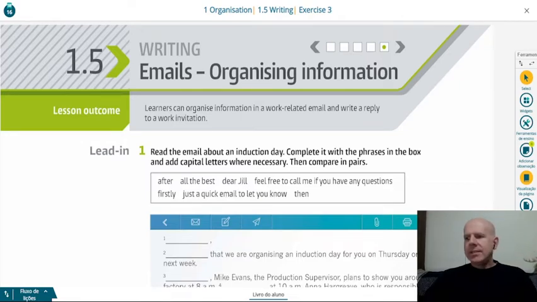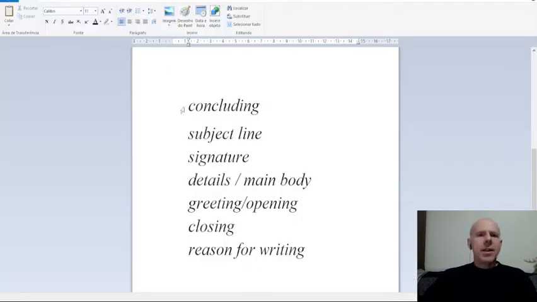I have these that are basically the steps you have in an email. We have these, but I don't think that we start by concluding an email. We start with what? Greetings? With details, signature, subject line, closing, reasons for writing.